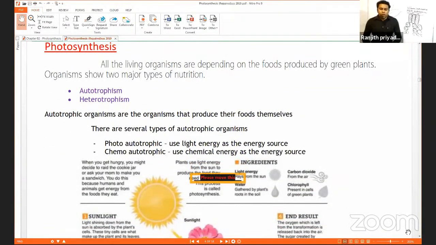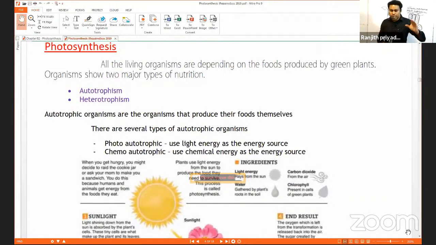All the living organisms are depending on the foods produced by green plants. Actually, you have to know not only the green plants, but also there are some other types of organisms who produce their own foods themselves. One example is a special type of bacteria.